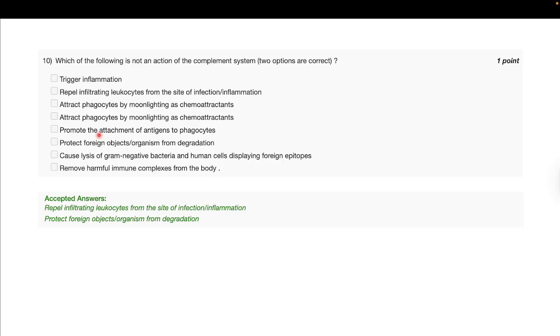It's opsonization. It protects foreign objects or organism from degradation. That is incorrect. It actually leads to foreign object degradation. Causes lysis of gram-negative bacteria. Yes, remove harmful immune complexes from the body. So the only options that don't fit in with the complement system functions are it repels infiltrating leukocytes and it protects the foreign objects or organism. Is this clear?